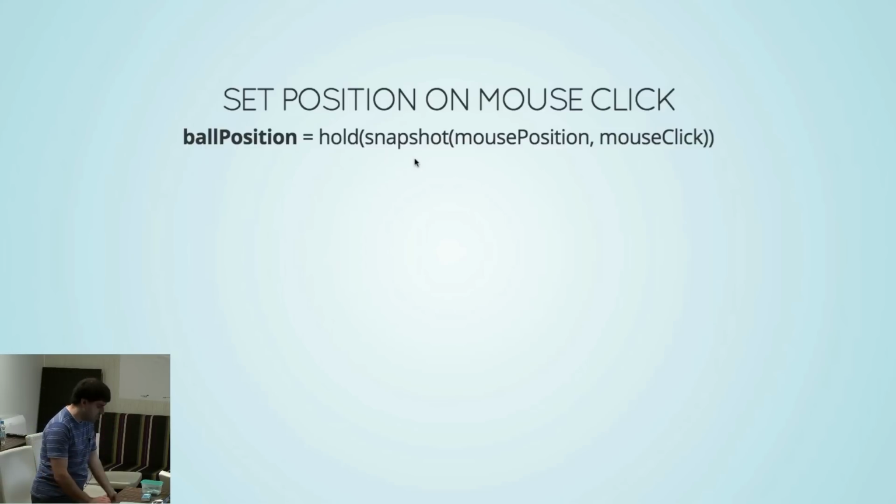And then we have another built-in, a very typical combinator in FRP systems, hold, which basically just formally converts an event into a behavior. So basically it gives us a behavior that always yields the last value that the event gave us.